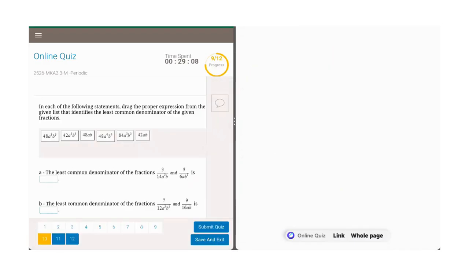Here we need to find the LCD of two fractions. Here we have 14a cubed b and 6ab squared. Again, since we only need to find the LCD, we don't care about the numerator, so I'm not going to write them.